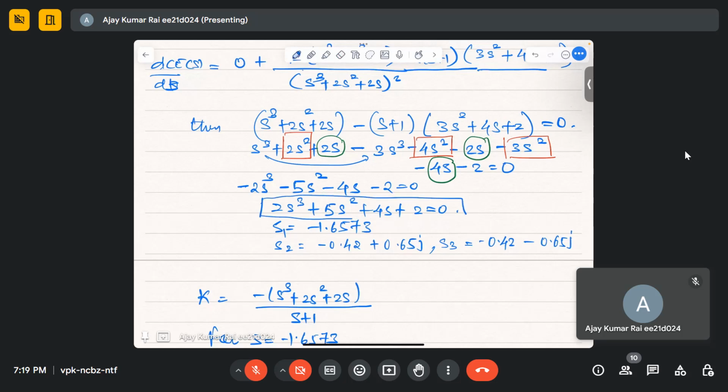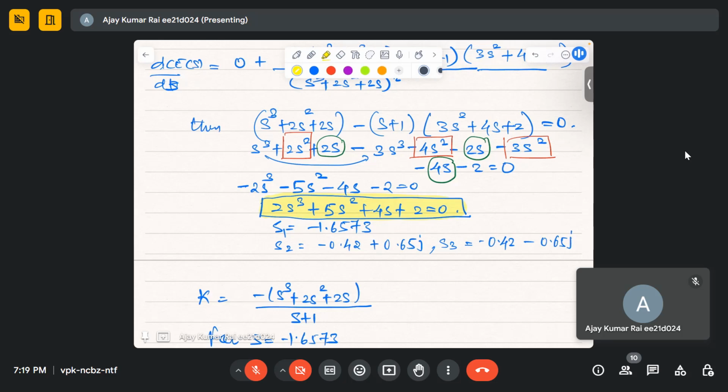If you see this one, it will have 3 roots, s1, s2, s3. Out of that, only one is real, and the other two are complex conjugate roots.